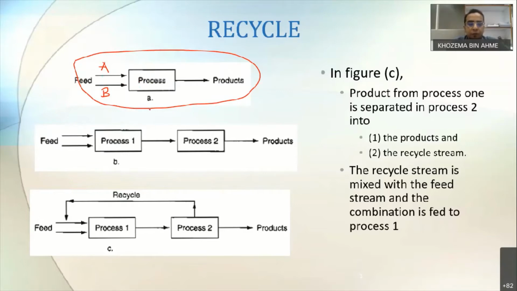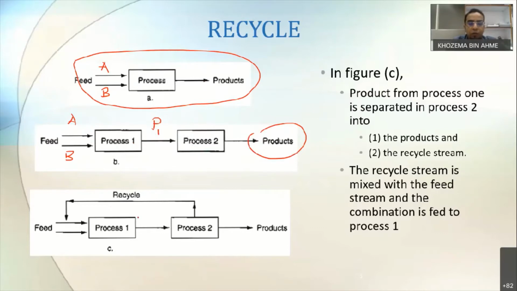Then we looked at multiple unit processes, where you have more than one unit. Again, this is your feed A and B. First of all, it'll go to process 1, where some reaction or mixing or separation will happen. That gives you product, let's say P1, and after you have gotten your P1, it will go to another process where additional processing will happen, and then you have your final product. So this is single unit operation, this is multiple unit operation.